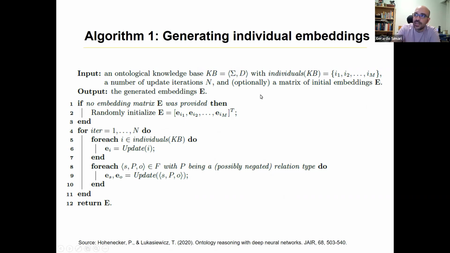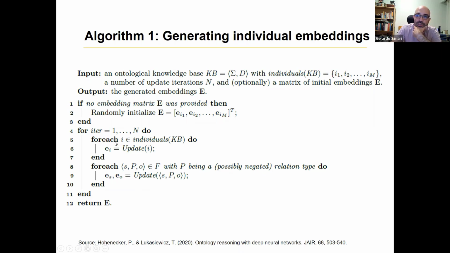You can optionally have a matrix of initial embeddings. If they don't, you just randomly initialize. And simply for n iterations, which is also a parameter of the algorithm, you just do this update based on the triples.